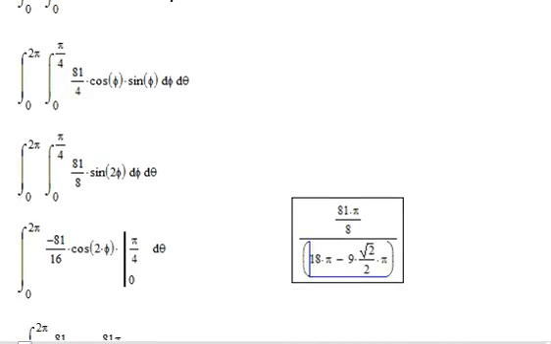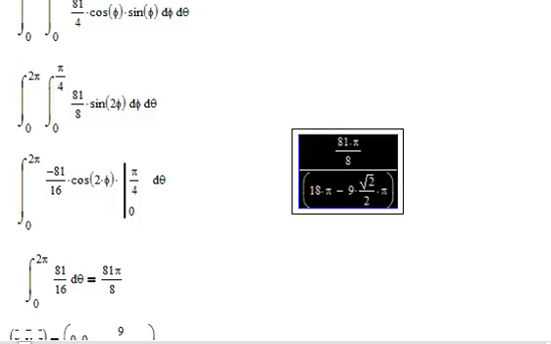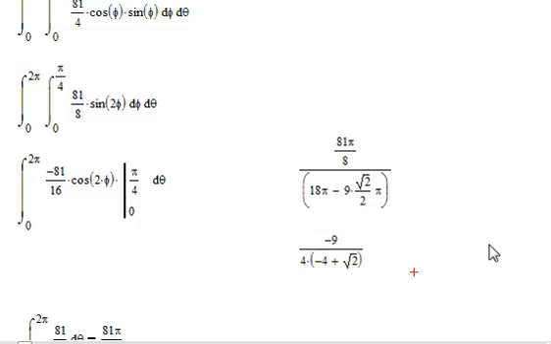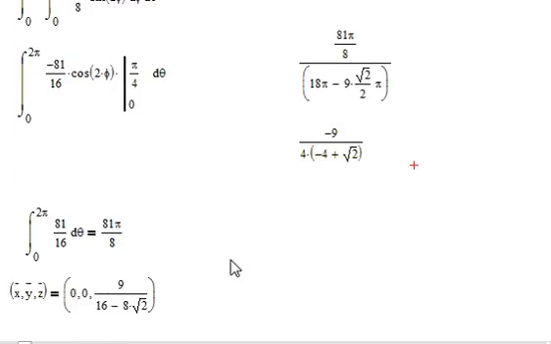Now that is one ugly looking z value for a centroid, but it simplifies nicely to, well, I had it simplified a little nicer than that, but I think you can see how I got this answer. Multiply this by negative 1 over negative 1, we'd have positive 9 over 16 minus 8 square roots of 2. So there's our answer.